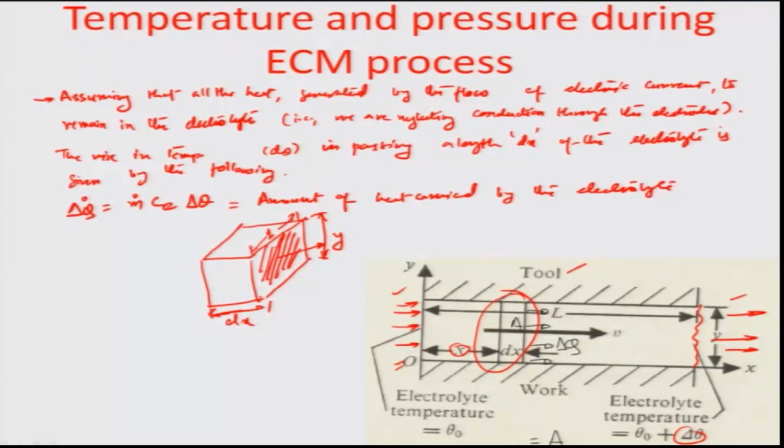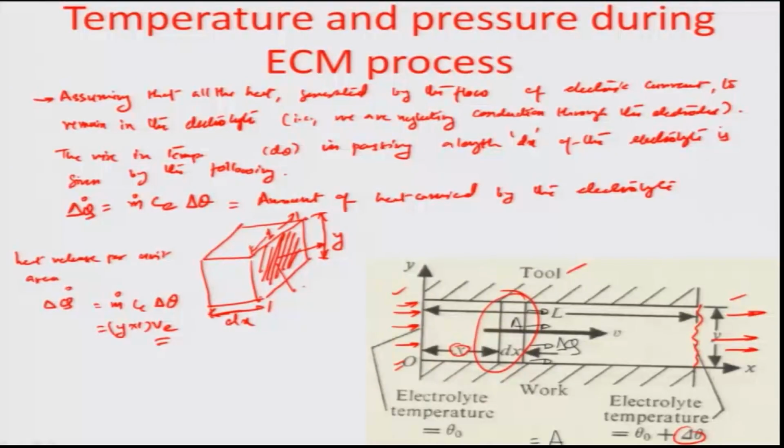So, here the heat release per unit area is given by delta Q dot equals m dot C E delta theta, as you know, m dot being equal to y times 1 times the velocity of the electrolyte flow.